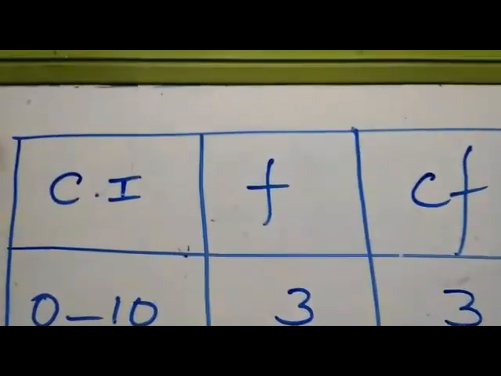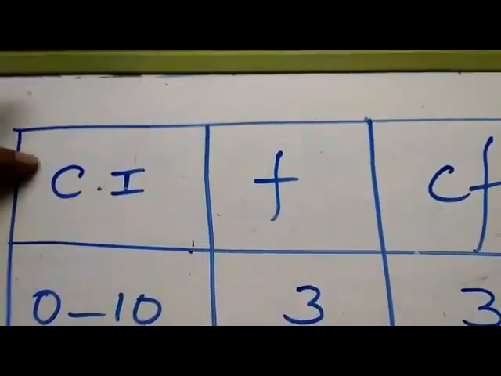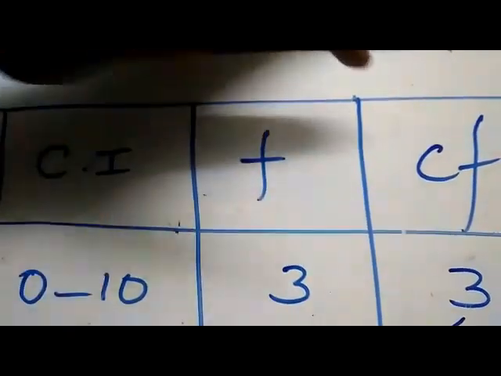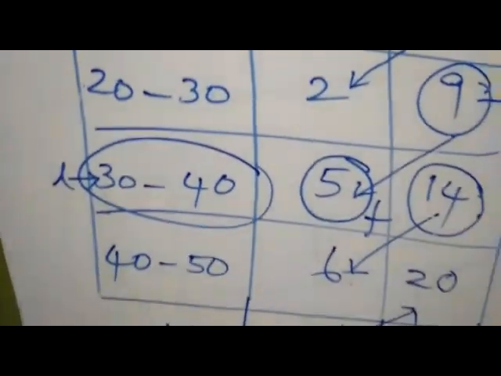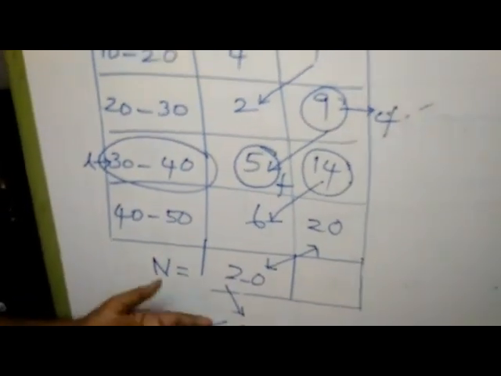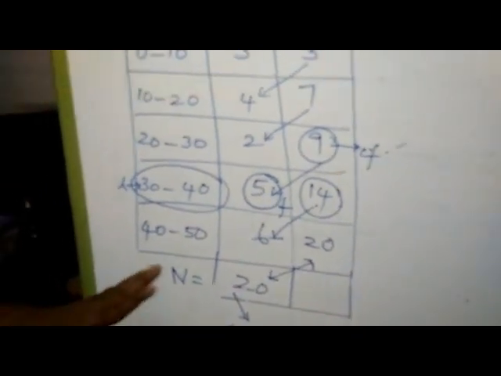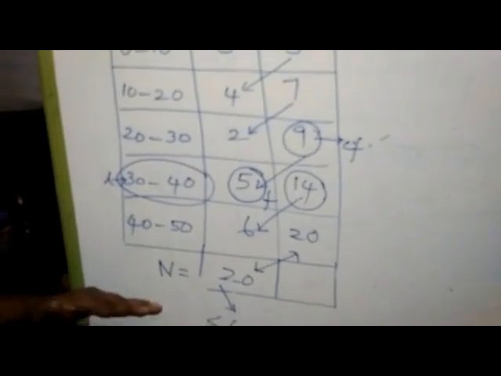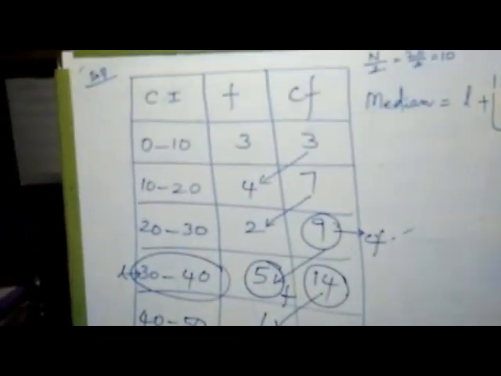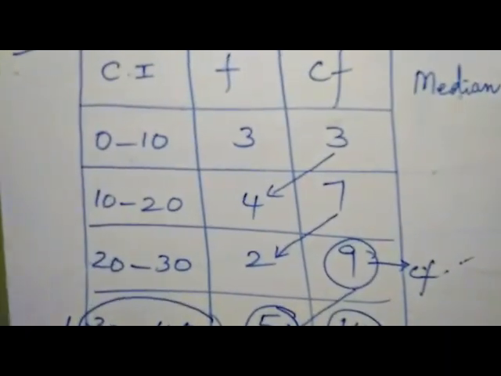Okay children, once again we are revising. These are class intervals and frequencies, and we prepared CF. After that, the sum of the observations n is equal to 20, which we can also call sigma fi. Now the first step is to find n by 2, which is 10.